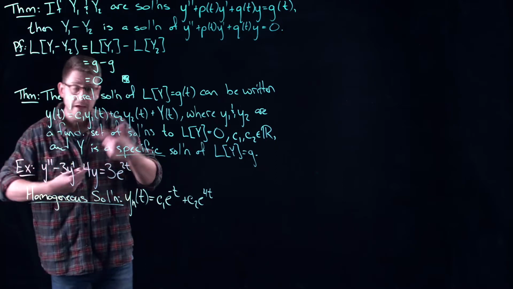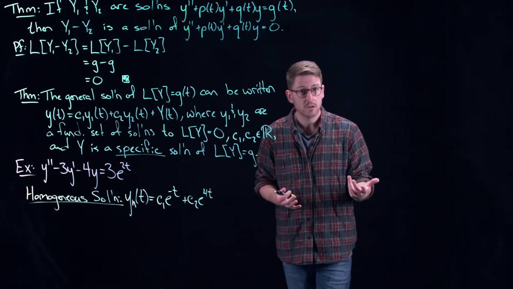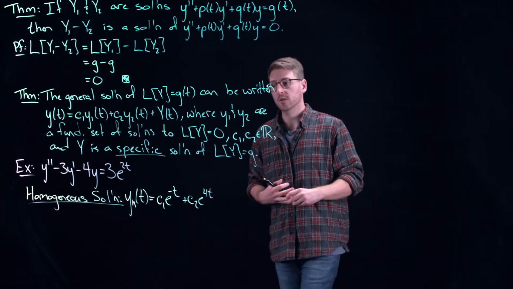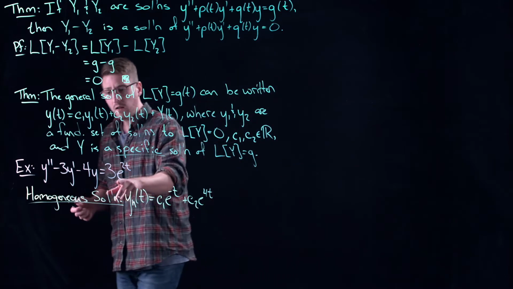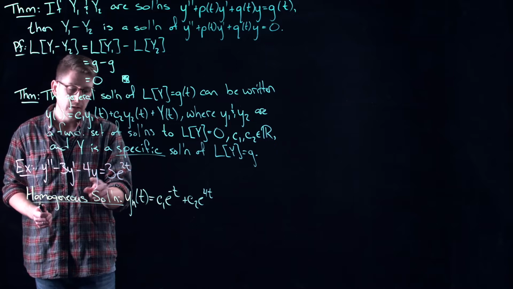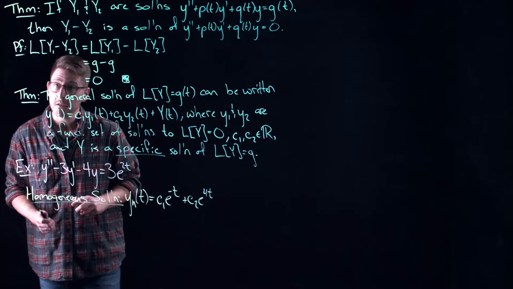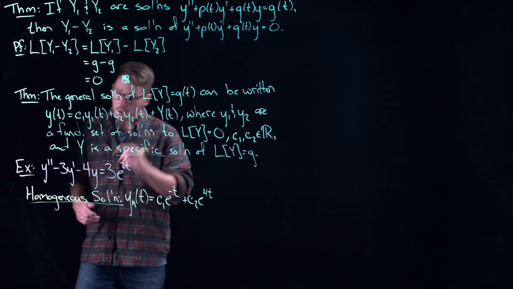So you wrap all that together, and I get an exponential function, right? So L of an exponential function is, again, an exponential function in this case. Well, if I'm going to get an exponential function out of this, then I want to be able to get e to the 2t out of it so that I can set these two things equal to each other. So here's what I'm going to do.